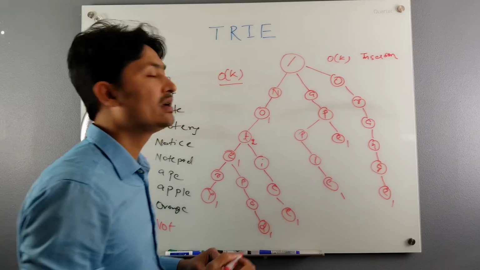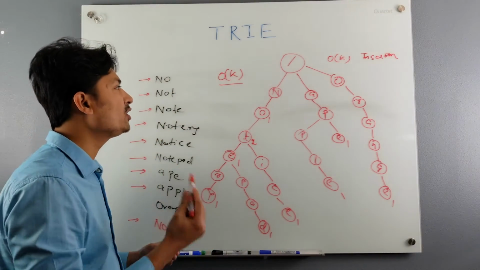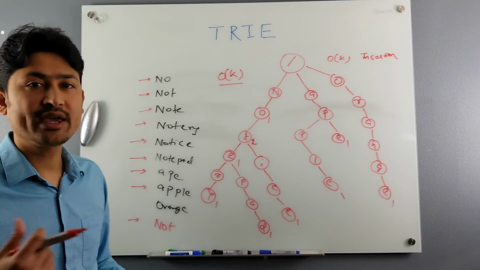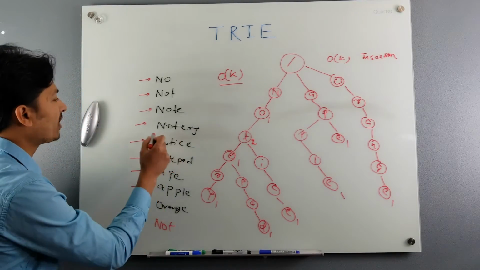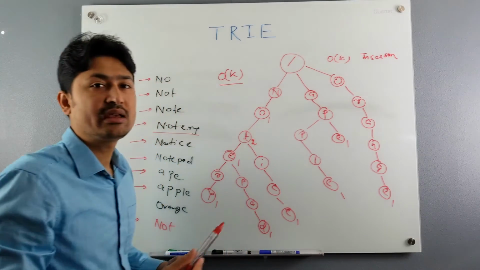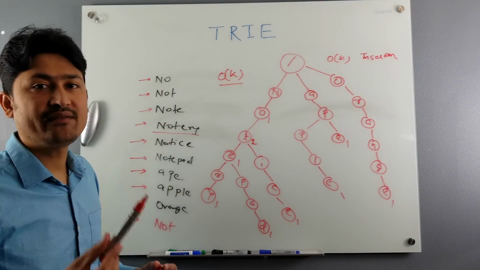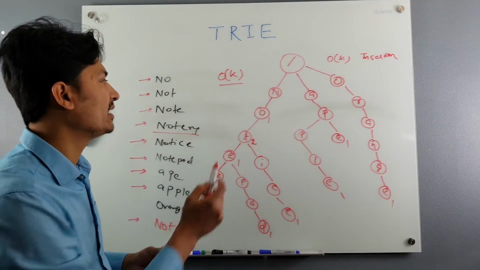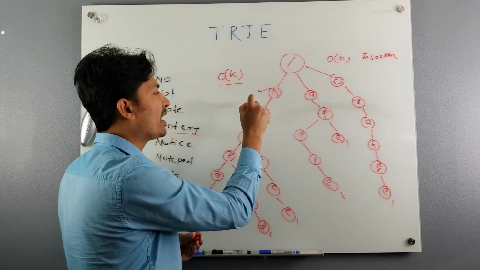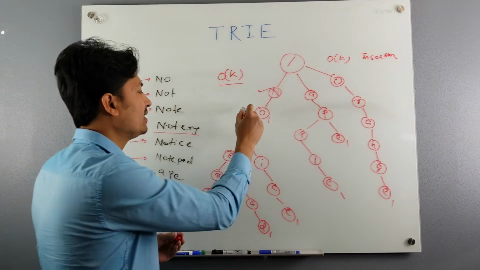Let's talk about search. If you need to find any word in the trie, it's again O(K) complexity, because if I need to find the word notary, I'll simply start from the root node. I will ask, do you have any child with letter N? It says yes. And then I'll come to N and ask, do you have any child with the letter O? Yes.